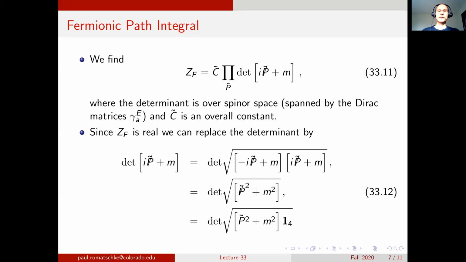So we find that the corresponding determinant is the square root of p tilde squared plus m squared times unity in the dimensions of the Dirac matrices, which in 3+1 dimensions is just 4-dimensional. So we have a 4-dimensional unit matrix here. And the determinant of a matrix that has only entries in its diagonal components is straightforward to evaluate. We get that this determinant is equal to p tilde squared plus m squared to the second power.